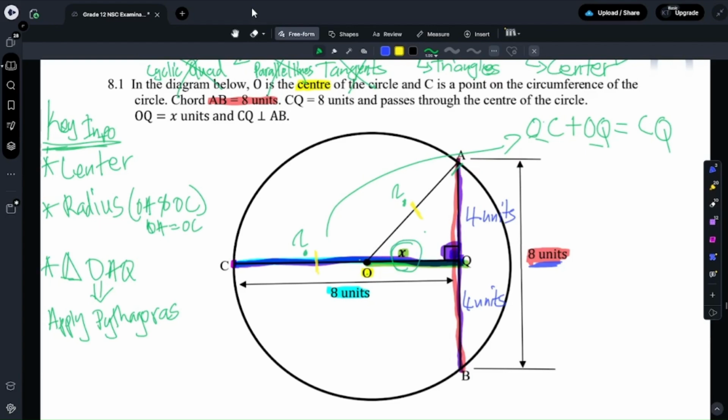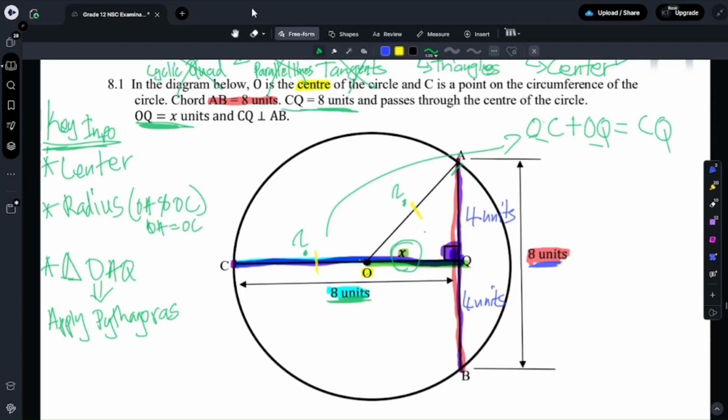So we've got the fact that OQ is equal to X units. And also remember that CQ is equal to 8 units. So let's go ahead and just substitute those values.